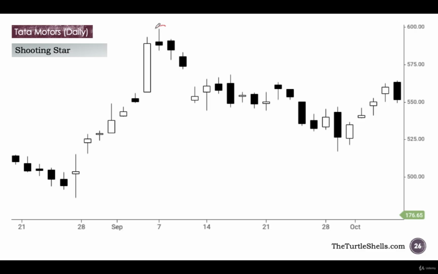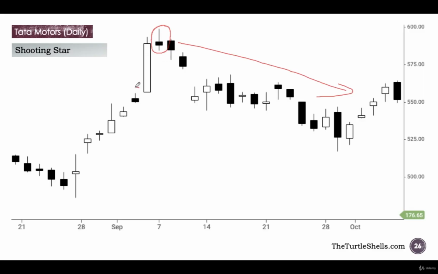Now look at this. Is that a shooting star? Yes, it looks like a shooting star, but I would be uncomfortable calling it one because of the same reason I mentioned in the previous slide, which is the long lower shadow. Although my view would have worked if I had taken a short position here and expected the price to go down, I would not have taken this trade because I want this real body to be more down so that it looks like a perfect shooting star.